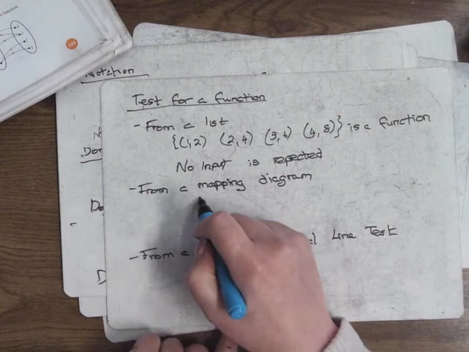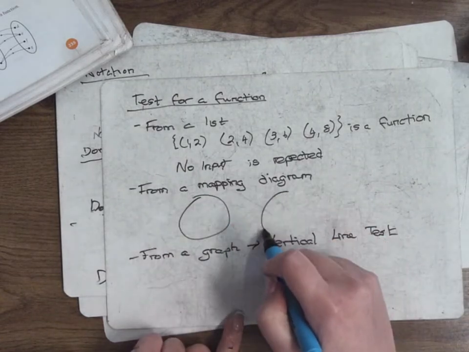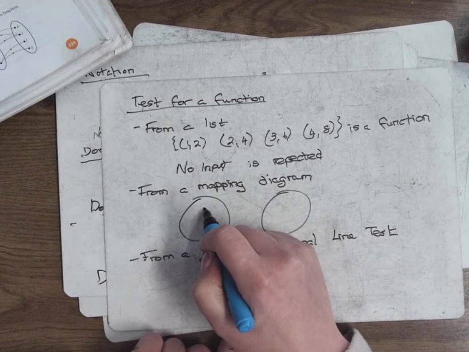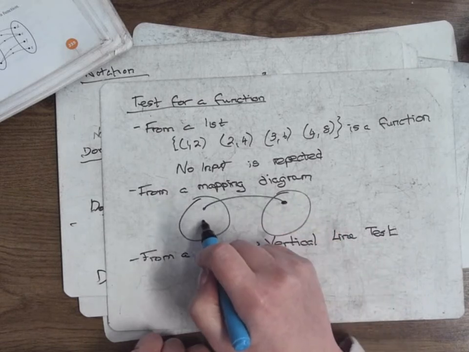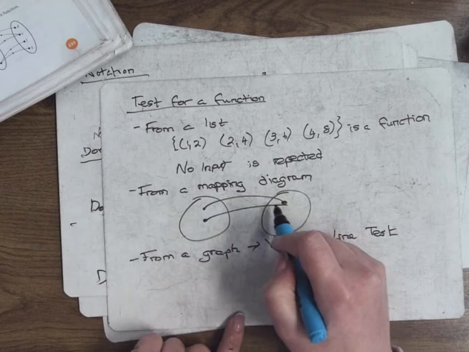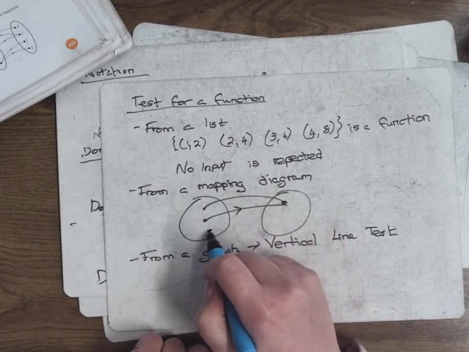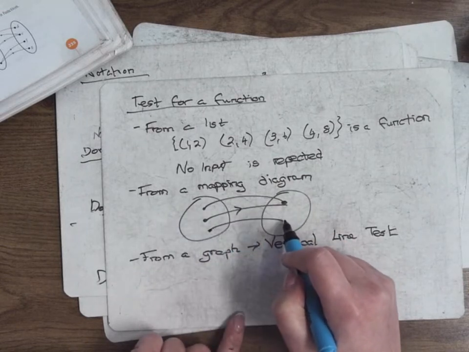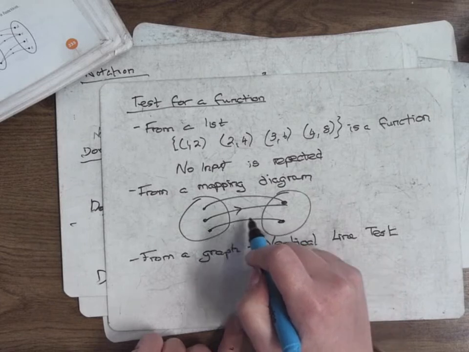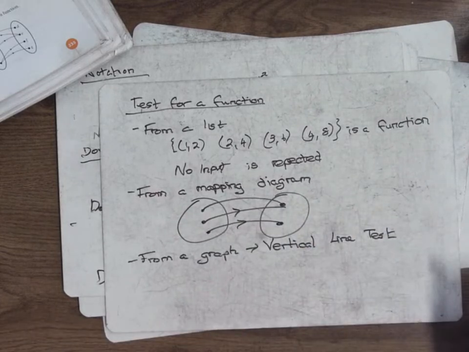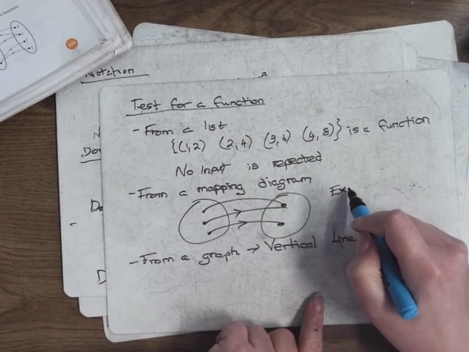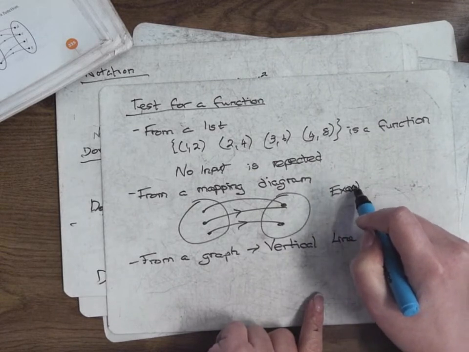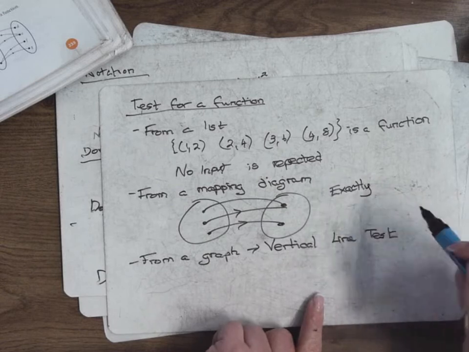From a mapping diagram, girls, and I won't bother putting any numbers in, you have exactly one arrow, so that means exactly one, not more than one, not less than one.